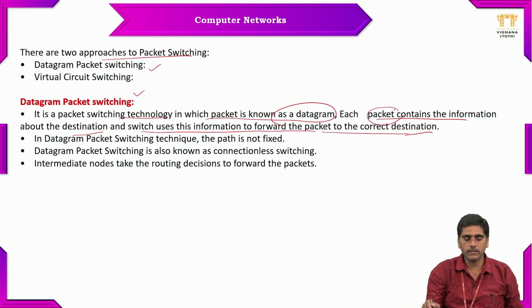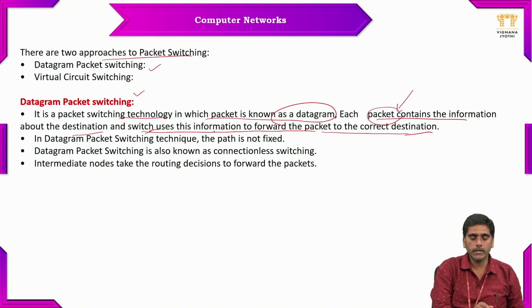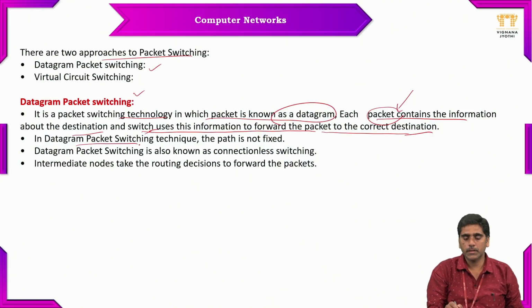Each packet contains the destination address, and the switch uses this information to forward the packet to the correct destination. In the datagram packet switching technique, the path is not fixed.